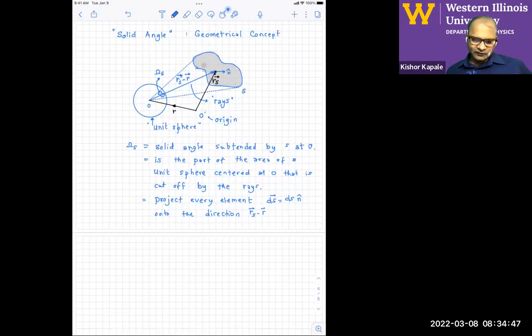And then what we want to do is look at this vector, which I'm going to draw with a dashed line that continues over here. Something that starts from the origin and goes radially outwards is going to be in the direction of rs minus r. So this is really a unit vector in the direction of rs minus r, but I'm going to write it like this.